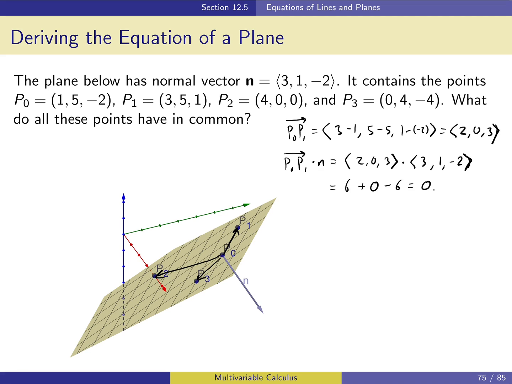And so, in fact, for any point on this plane, any point q, we can write the vector P0q, which would be (x minus 1, y minus 5, z minus negative 2), if the point q is (x, y, z).